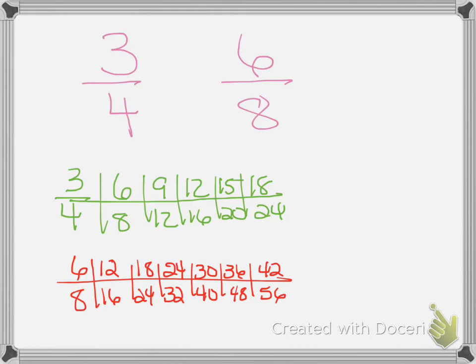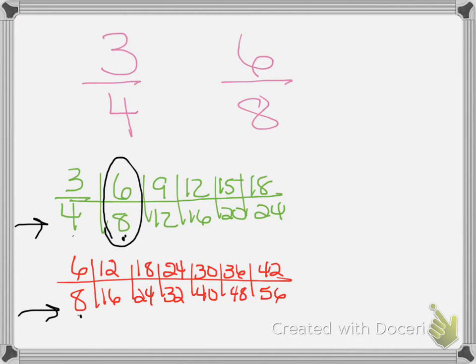Okay? Now, what I need to look at is my denominators. I'm not going to worry about my numerators right now. I want to look at my denominators. I start with the 4. Well, this one starts with 8, so I know that's not going to be my common denominator. Well, I have an 8 here and I have an 8 here. Are those the same denominator? Yes.